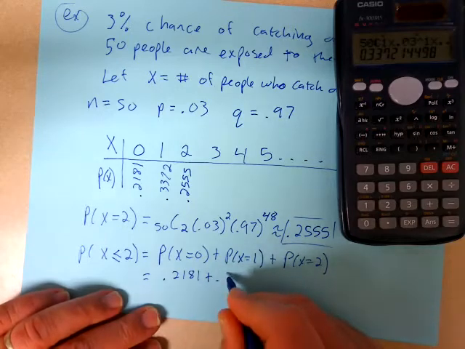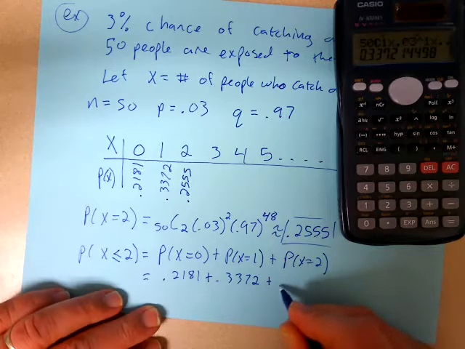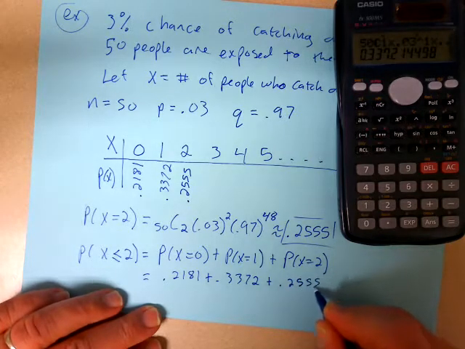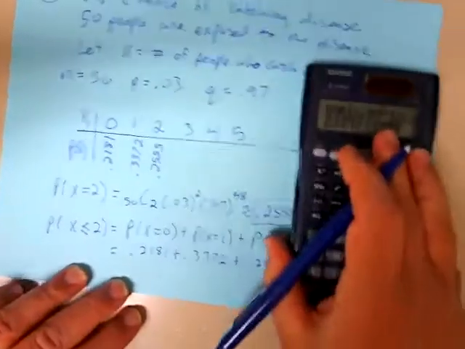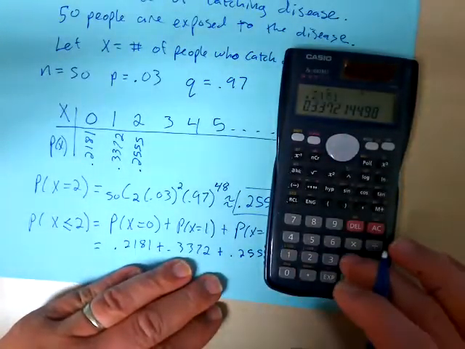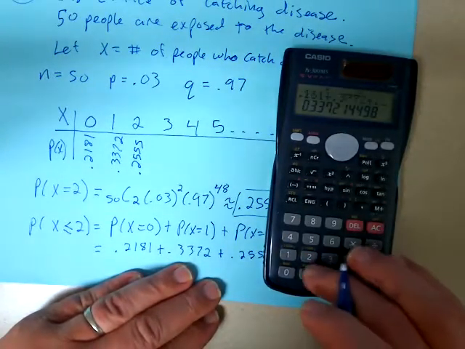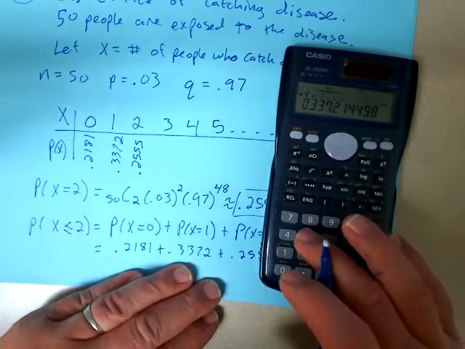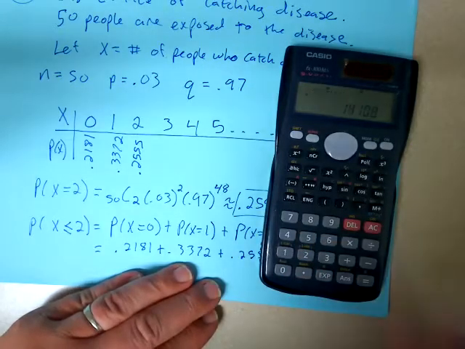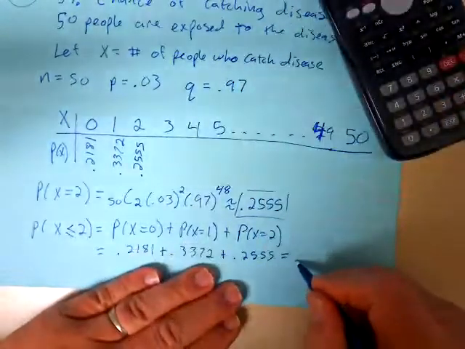So now I can add all 3 of those. 0.2181 plus 0.3372 plus 0.2555. Okay, and I get, it looks like it's 0.8108.